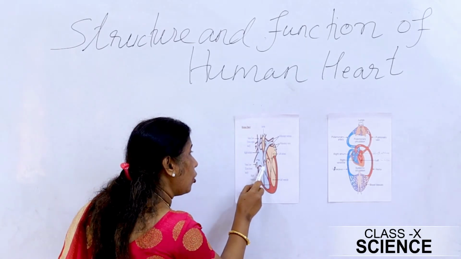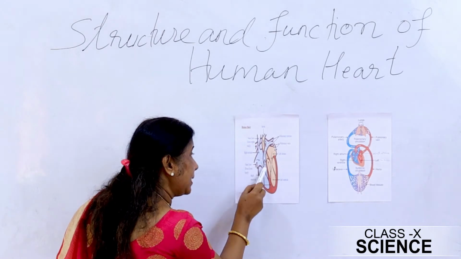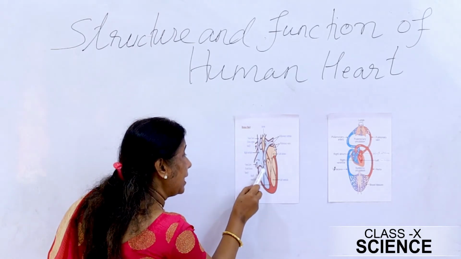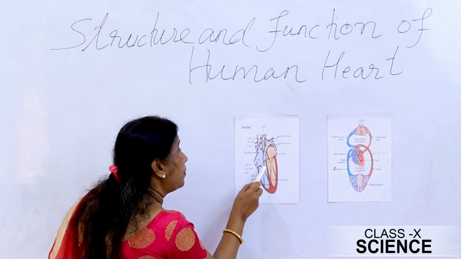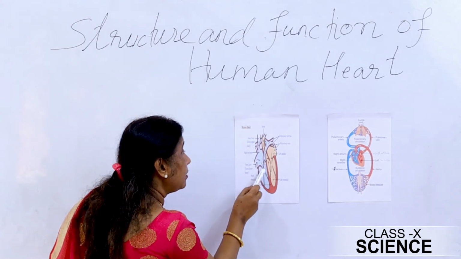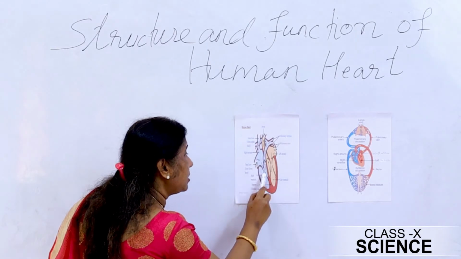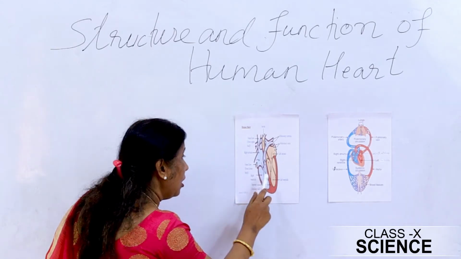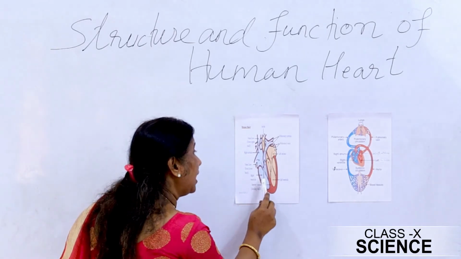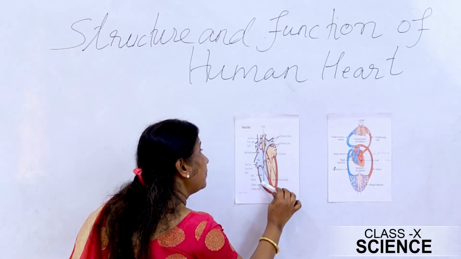See here, there is a valve present at the right atrium. This valve prevents the backflow of the blood. When the blood comes to the right atrium, the valve opens and then the blood is discharged into the right ventricle. From the right ventricle, the blood will pass on to the lungs.